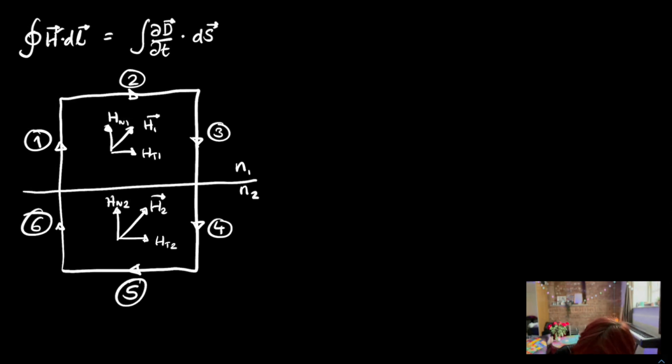And so let's go ahead and, just like we did, evaluate the total closed loop integral of H dot dl. So we're just going to write out these numbers right here. But yet again, we notice that we're essentially doing exactly the same thing. Hn1 along this path is going to multiply together, but then will be exactly cancelled out by this part of the integral right here.